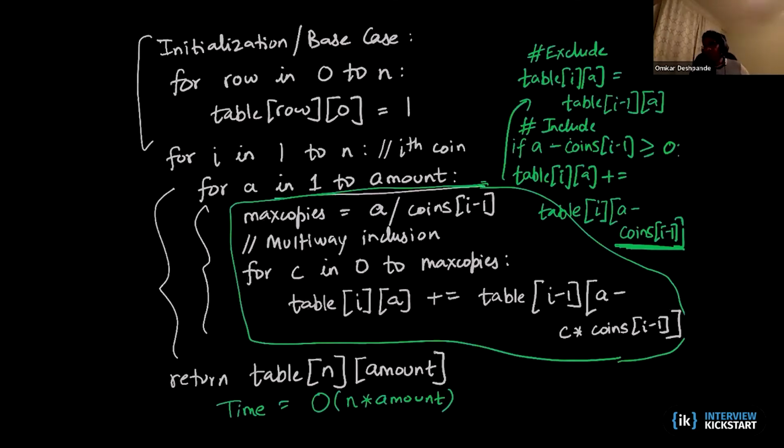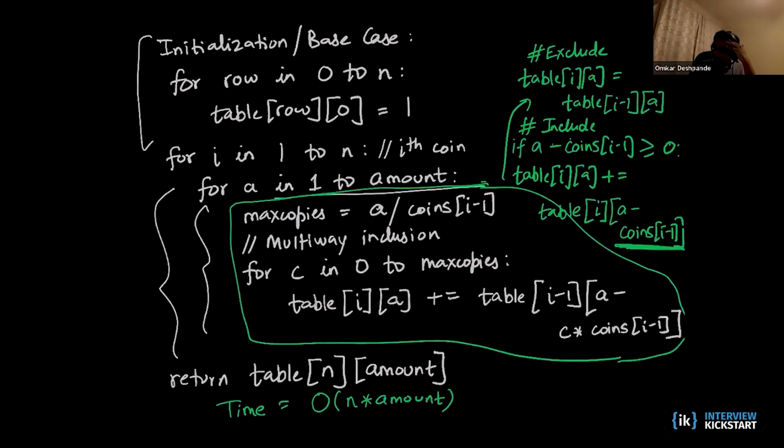Now the exclude choice does not require special code because the value from the preceding row, same column, is already sitting there in that one-dimensional table. So there's no need to copy it. The include choice is what we need to copy.